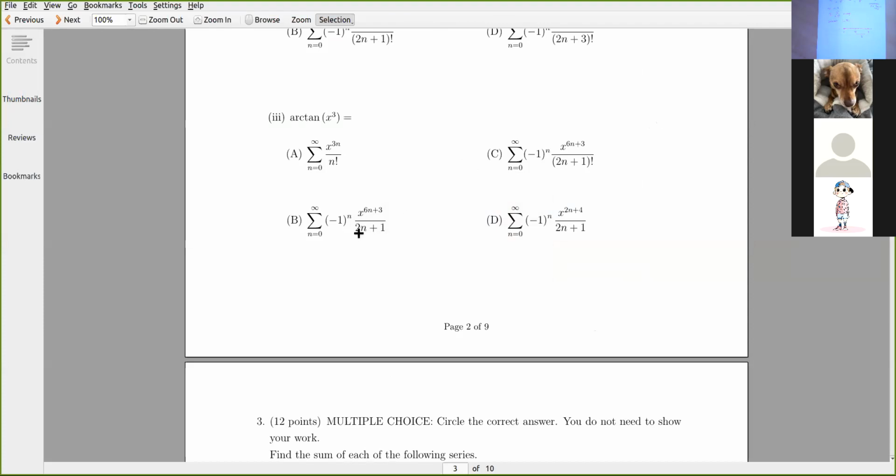The only ones that have a linear thing in the bottom, where it's just growing with 1 power of n, no factorials, no exponentials, just something like 2n plus 1 or even just n, it's either going to be arctan or natural log. Arctan's the one that has 2n plus 1s in the denominator. So the denominator grows linearly. And then you would just have to figure out the numerator, plugging in an x cubed, reverse engineering that. Let's take a look.